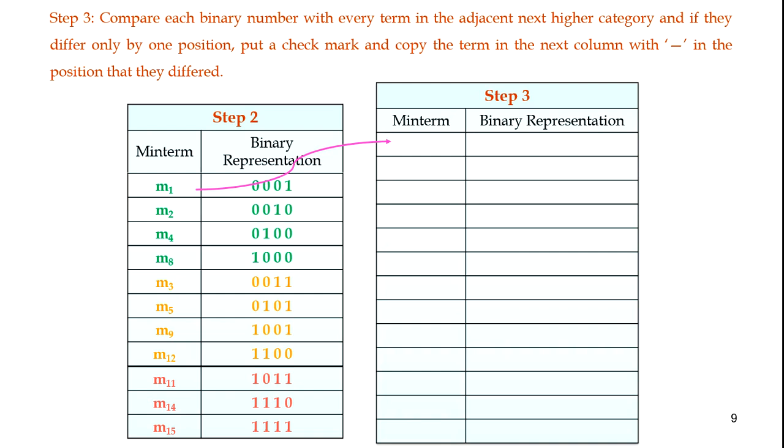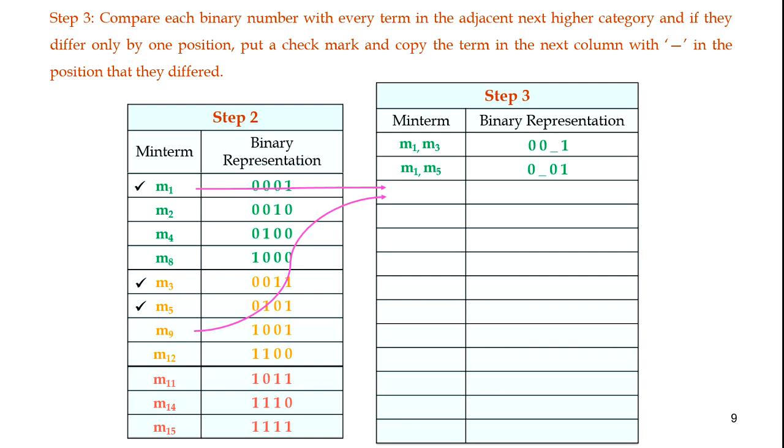So first we have to compare, we can have M1 and M3. It has M1 and M3 combination with this binary representation. Next it is M1 and M5, and the binary representation we can take.